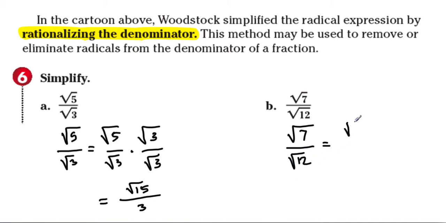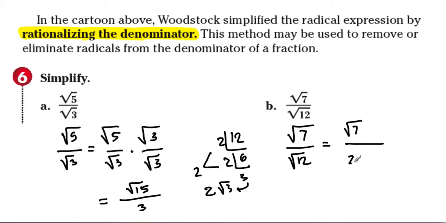But before we rationalize the denominator, we need to simplify radical 12. And we know that radical 12, using the step down or the drop down, 2, 6, 2, 3, pair that up, that's a 2. So this becomes 2 radical 3, so that goes in. So this becomes now 2 radical 3. All we need to do is rationalize radical 3.